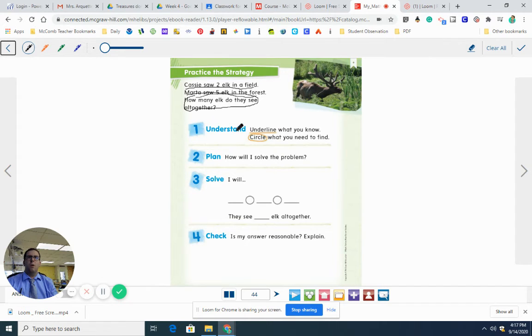So first we know they saw 2 elk because Cassie saw 2 elk. What goes in this circle here? Your options are a plus sign, a minus sign, or an equal sign. I always have my kids do the arm motions with me so they remember their options. So far, we've been talking just about addition, so we're going to be using that plus sign.